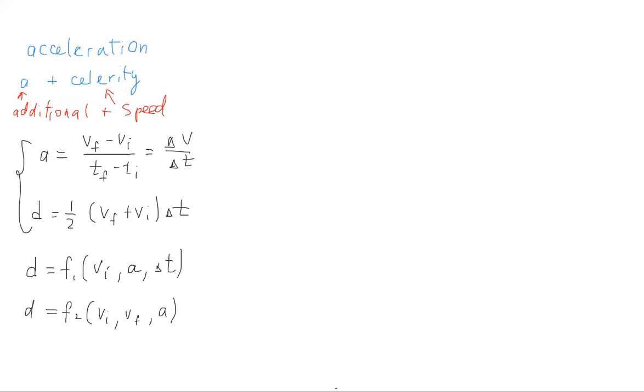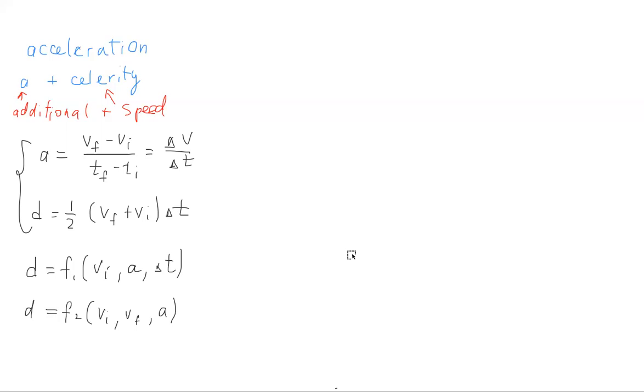Yeah, for acceleration you put V final minus V initial, but for displacement you put V final plus V initial for all of your equations. Say it again. I missed that. For acceleration, you put V final minus V initial, but for displacement, you put V final plus V initial.